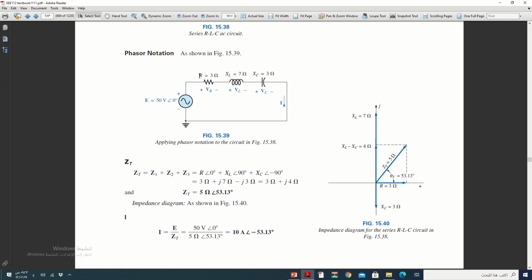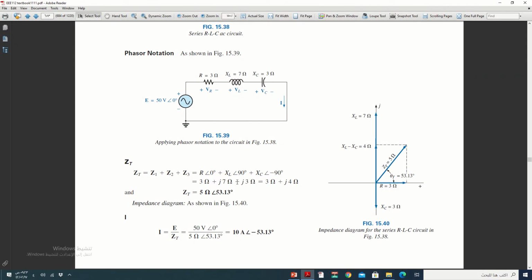What do you think here? Before you calculate the current, you can judge from the impedance that the circuit is lagging. Why?